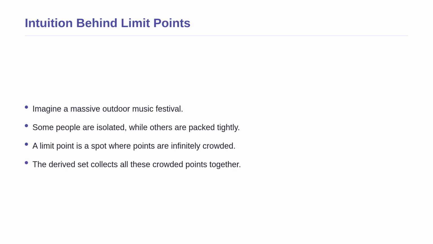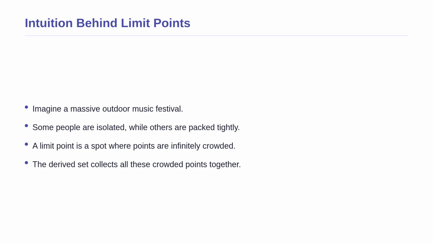Before we dive into the rigorous mathematics, let us build our intuition. Imagine a massive outdoor music festival taking place in a huge open field. Some people are standing completely alone near the back, while others are packed tightly near the main stage.